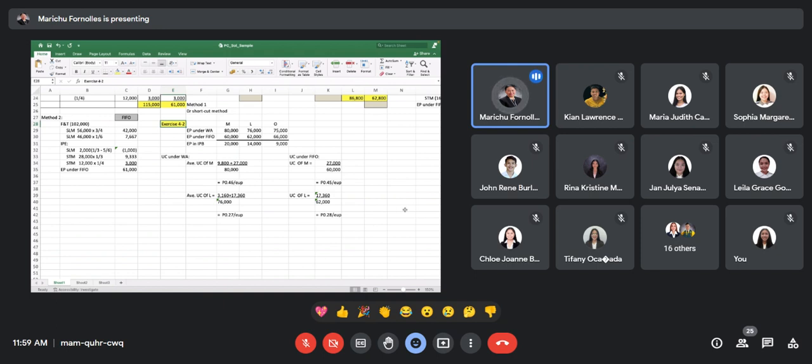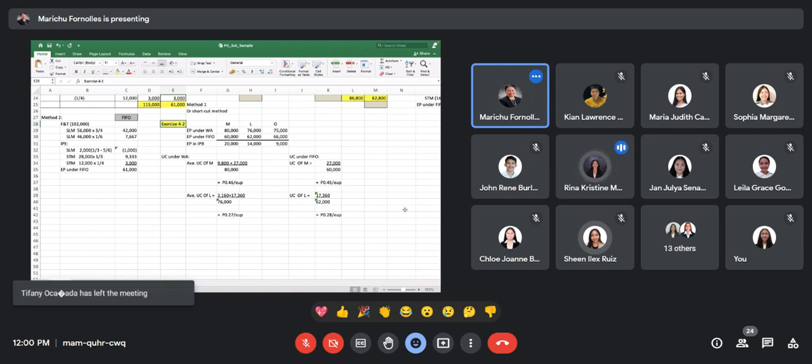Did you get the same answer for labor? Yes, Miss. What about the overhead? What is the average unit cost of overhead under weighted average? 0.63, Miss. Correct. 0.63 per equivalent unit produced.